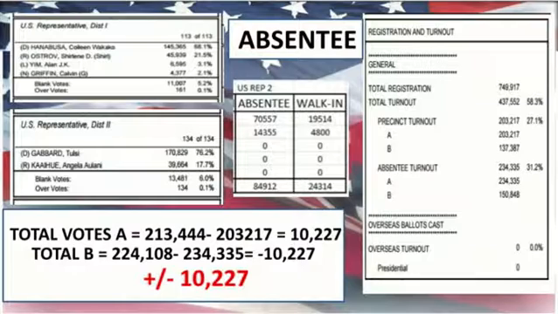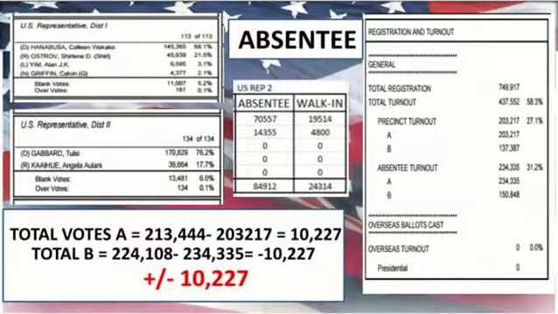Okay, next one is this slide I found very interesting. When you take precinct B, the summary report of 213,444 precinct turnout A, that's District 1, 213,444 of the turnout.